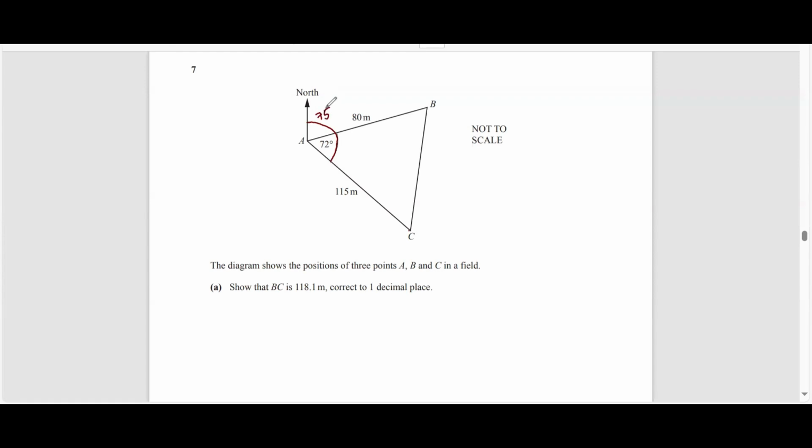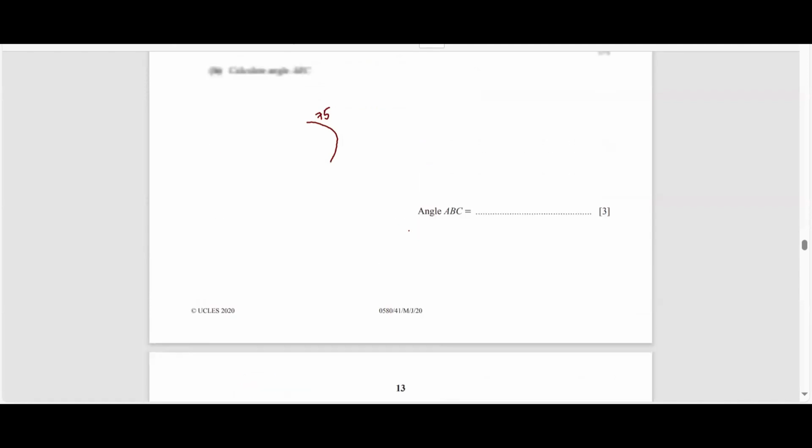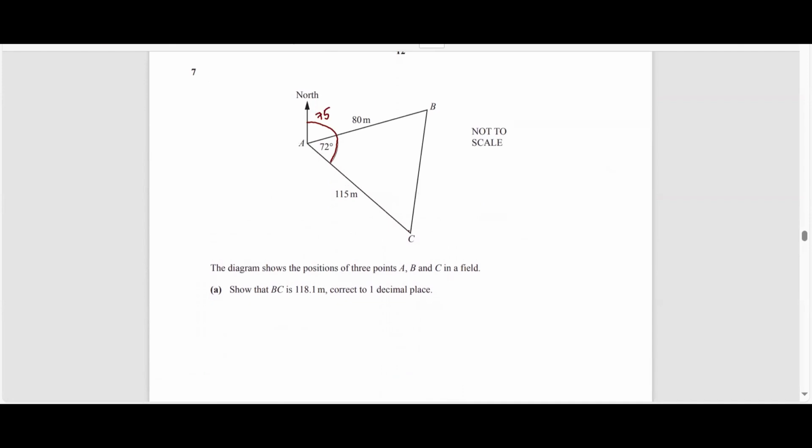This is 75. The question here was to find out the bearing of A from B. So from B means we need to draw a north line at B. So from B, and we know the rule, we need to go clockwise until we reach the line AB.